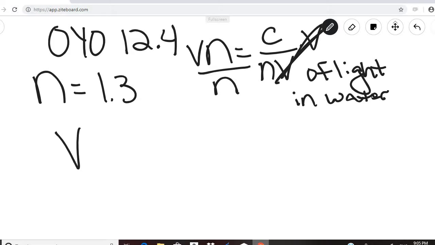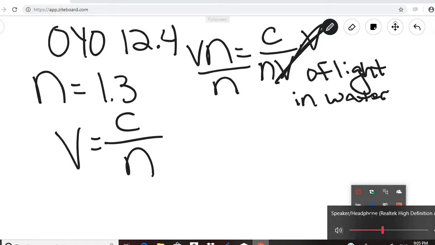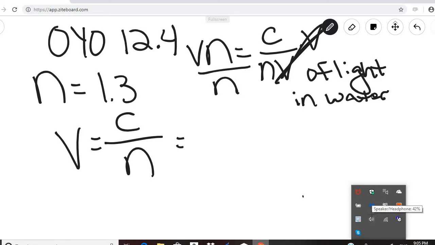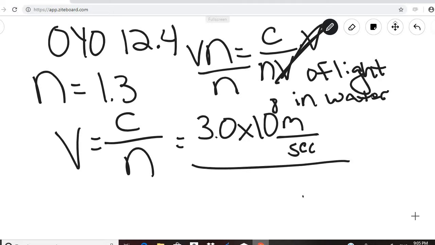So v is equal to c divided by n. Remember, c is the speed of light in air, so that's 3.0 times 10 to the 8 meters per second, and n we were given as 1.3. It has no units, so the units we will be left with will be meters per second.